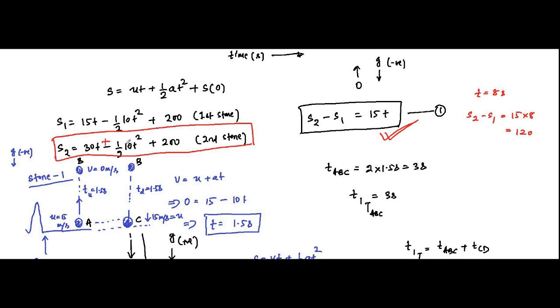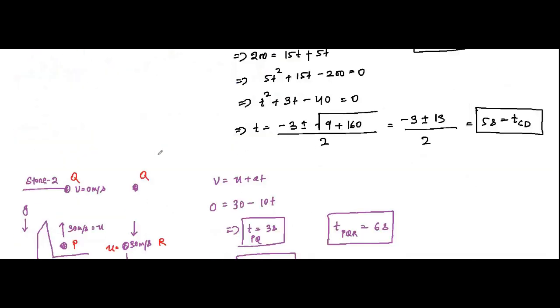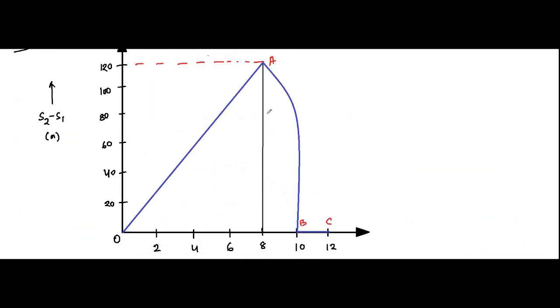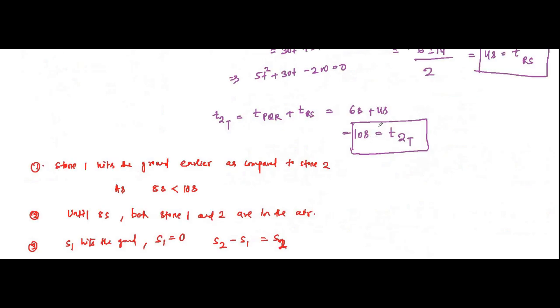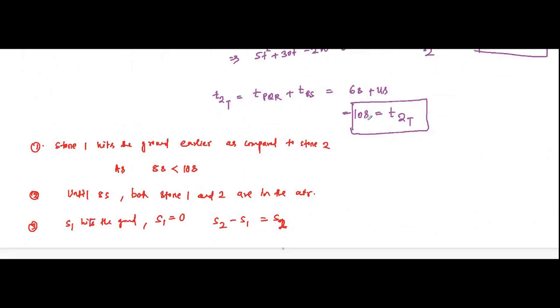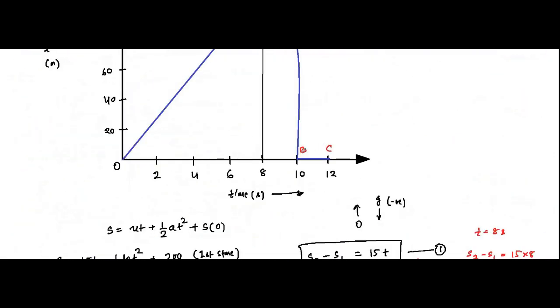So there will be this 1/2 t square term, 30t plus or minus t square plus 200, which explains the parabolic portion AB. Then, stone 2 hits the ground at t equal to 10 seconds.